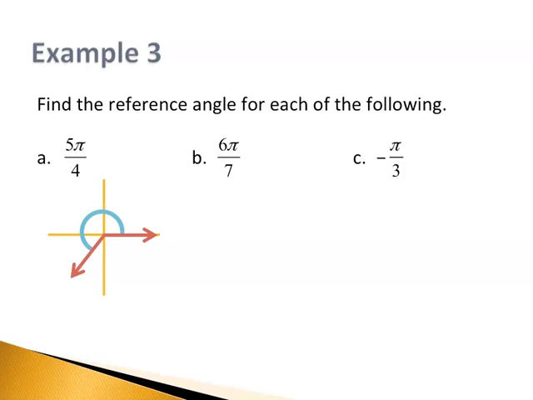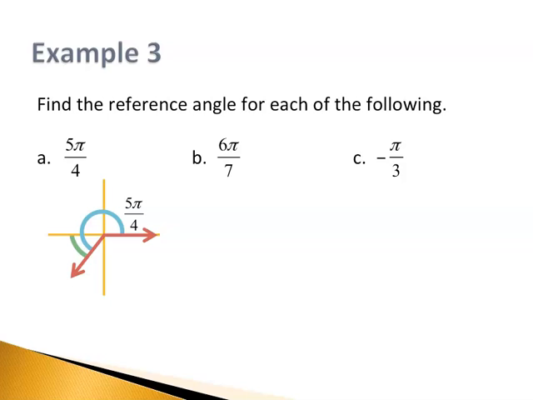So this angle here is 5 pi over 4, but here we want to find the reference angle. Remember, the reference angle is the angle that's formed by the terminal side and the nearest x-axis, in this case the negative x-axis. So this here would be the reference angle. Now, what measure is that reference angle? Well, this is the part that comes after pi rotations.